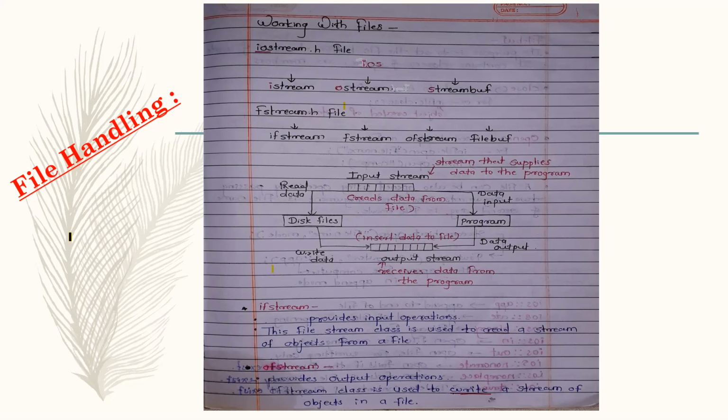This requires another standard C++ library called fstream, which defines three new data types: ifstream, ofstream, and fstream.